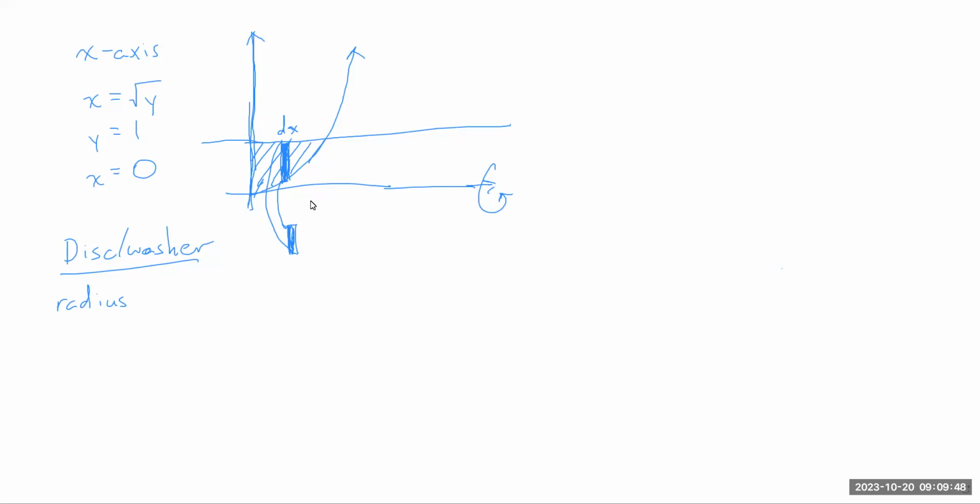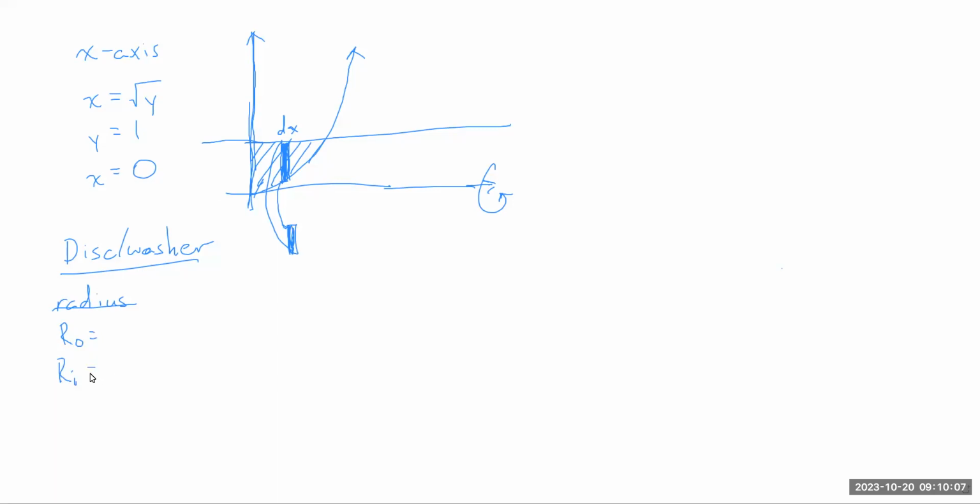Do I have a solid disk with no hole in the middle, or do I have a washer? I have a washer, so I think I need to deal with not radius, but outer radius and inner radius.